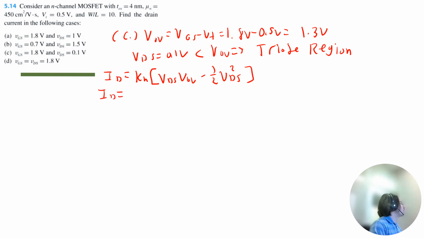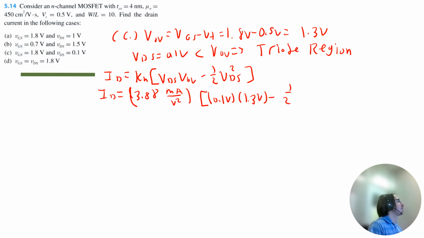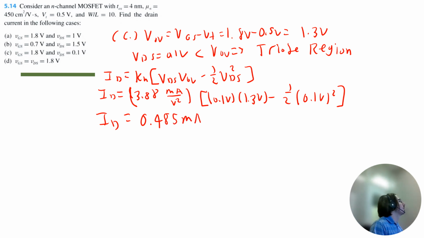So drain current is equal to 3.88 milliamps per volt squared, times V_DS, 0.1 volts, times V overdrive, 1.3 volts, minus 1/2 times V_DS, 0.1 volts, squared. So I get a drain current of 0.485 milliamps.